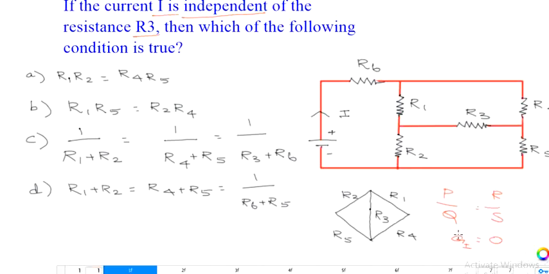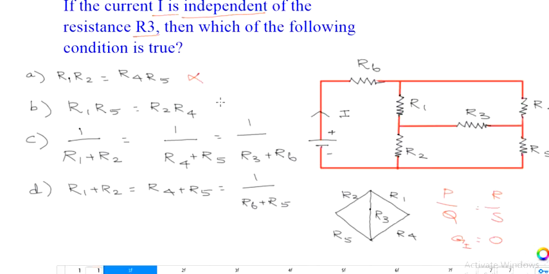That means P by Q equals R by S. If the current through R3 is 0, we have to find the relation here. Here R1 and R2 are multiplied, therefore this is not possible.